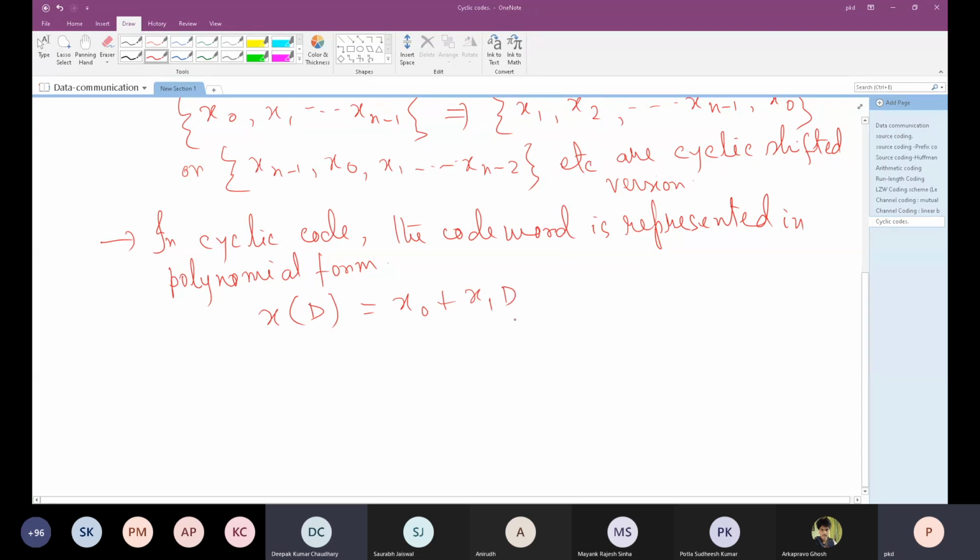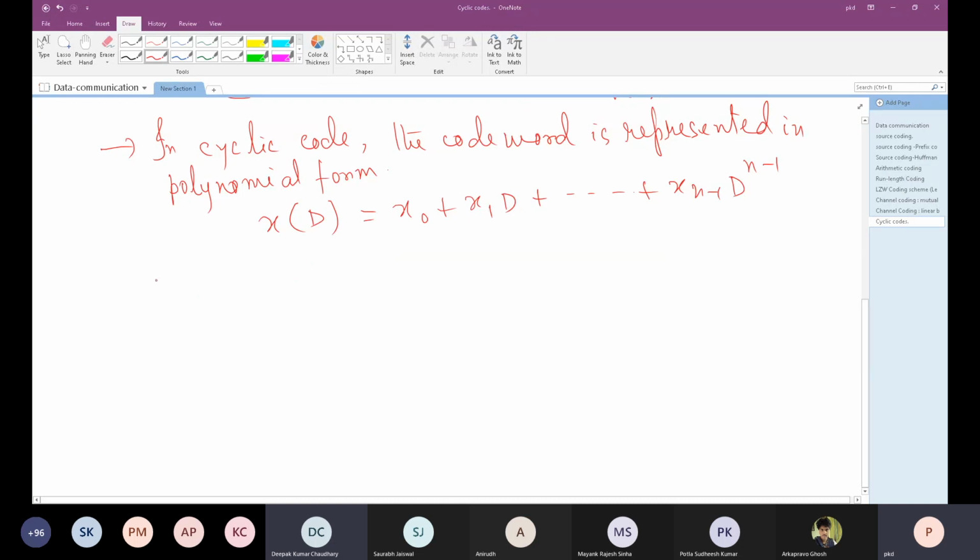D can be like a delay operator. In the discrete case, those who have studied signals and systems know that there is something called the Z transform. It is equivalent to the Z transform, but here we are using D. D stands for delay. So x0, plus x1D, like that. The n minus 1th term is xn minus 1, D to the power n minus 1.